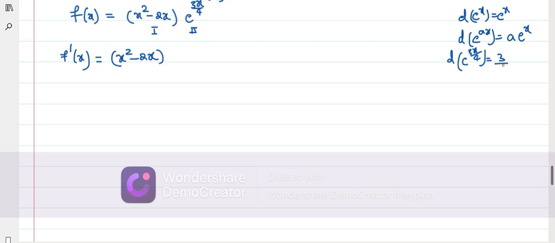So it is 3 by 4 into e power 3x by 4. The differentiation of e power x is e power x, and the differentiation of 3x by 4 is 3 by 4.